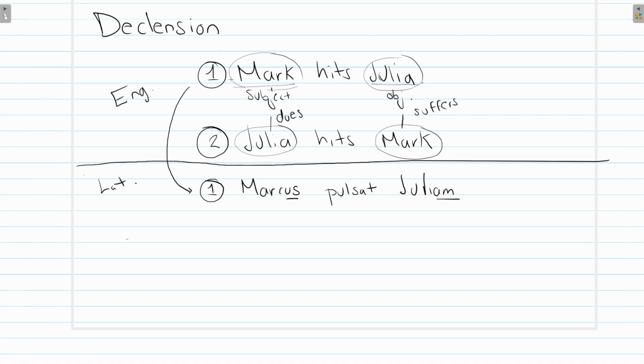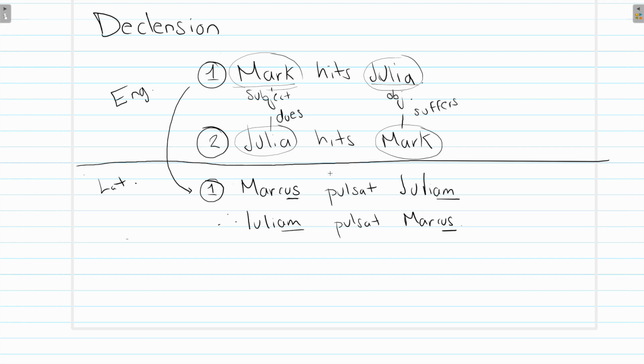Very well. We could rewrite this sentence inverting the order: "Juliam pulsat Marcus." And since the endings are identical, as you can see, Marcus, Marcus, Juliam, Juliam, these two phrases are perfectly equivalent.